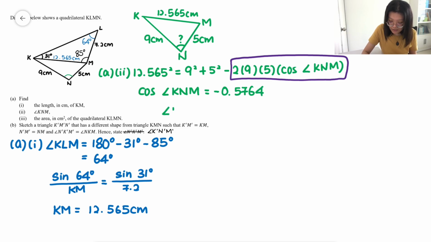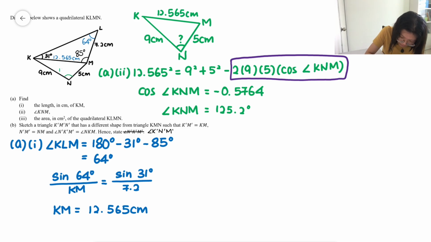So your angle KNM equals to 125.2 degree. Update your diagram. 125.2 degree. So done A part 2.